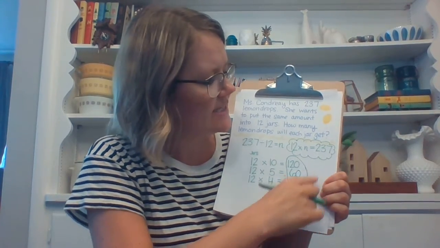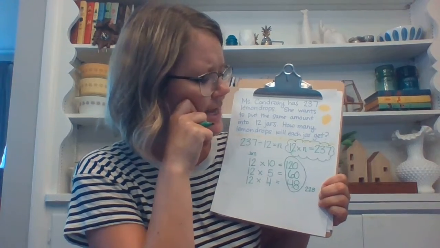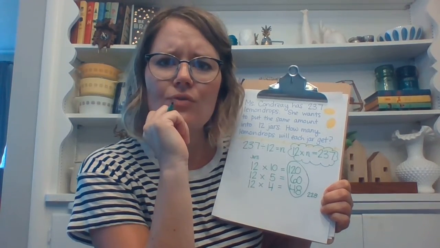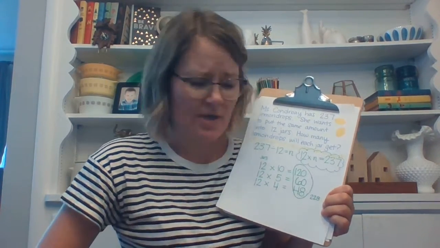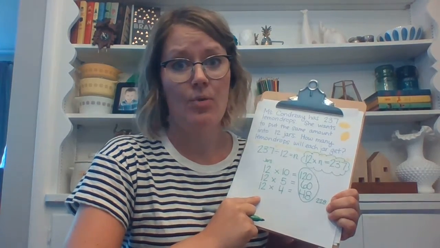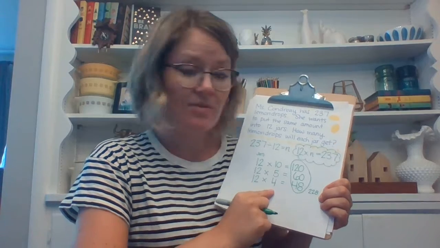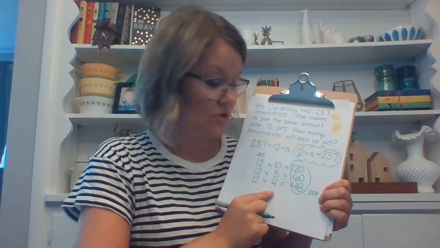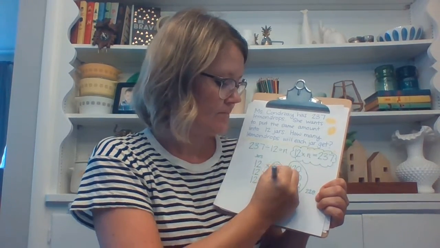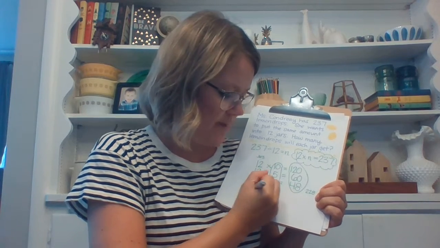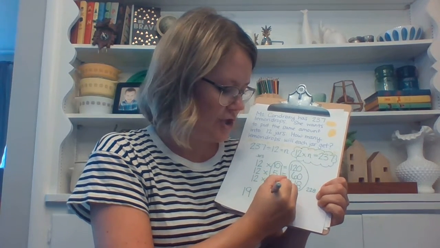So 228, to get to 237, I need 9 more lemon drops total, but I have 12 jars, so I can't put another lemon drop in each of the jars. So the number of lemon drops that fit equally into those jars is 19 lemon drops in each jar.